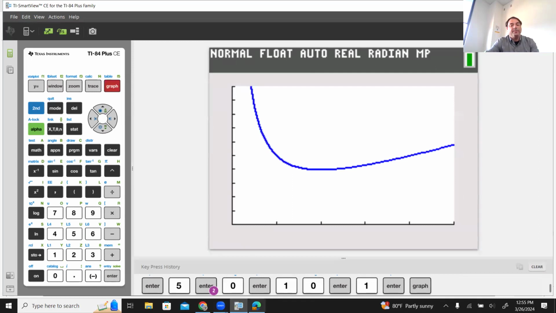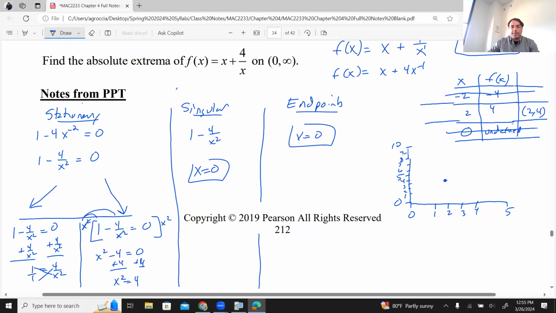There's the graph. We have 1 point. And what is that point? Absolute or local? Absolute min. We have an absolute min at 2, 4.